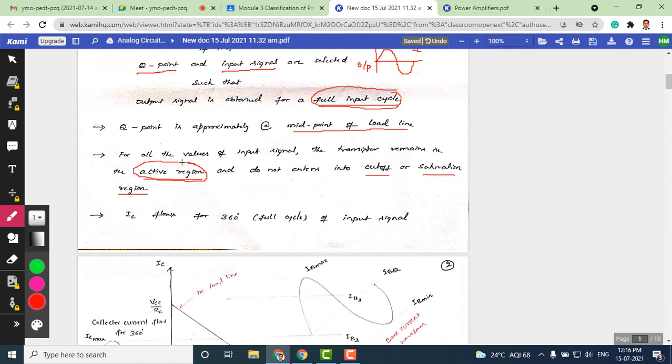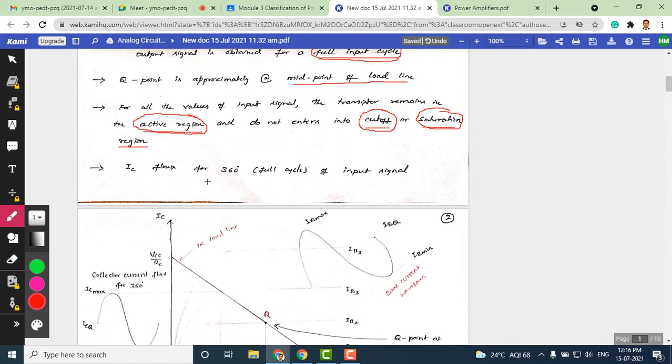So in class A operation, you must ensure that the transistor is operated in the active region, that's the mid of the load line, and the transistor should not enter the cutoff region or saturation region. These are the two things we must ensure. And here the collector current flows for 360 degrees, which is nothing but the full cycle of the input signal.